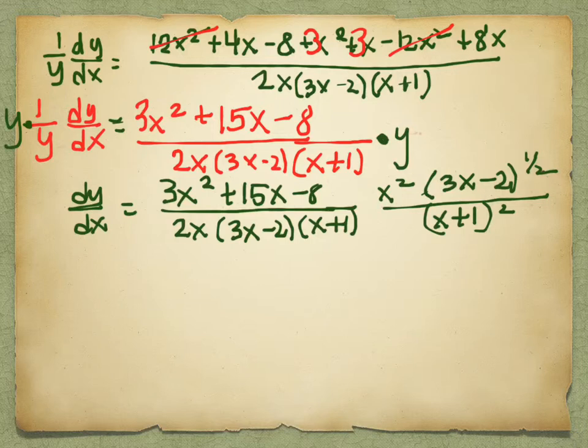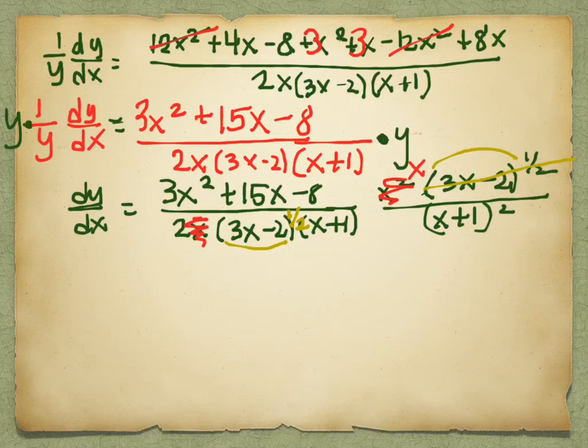All right, so some things will simplify. The first thing that will simplify is this x. We'll mark out with one of these, so there's just one of those x's left. The next issue is that the 3x minus 2 and the 3x minus 2 to the 1/2 here will simplify. This one will go away, and this one will become a 1/2. In essence, you're saying you have two halves, or the number 1 of them on bottom, and you have 1/2 on top, so half of it cancels from each.